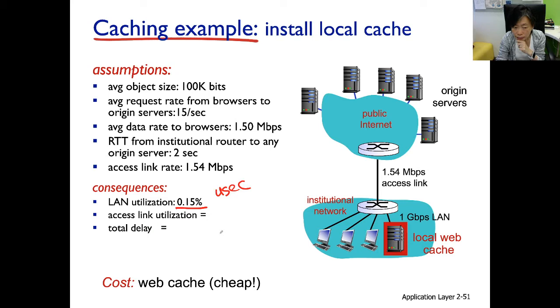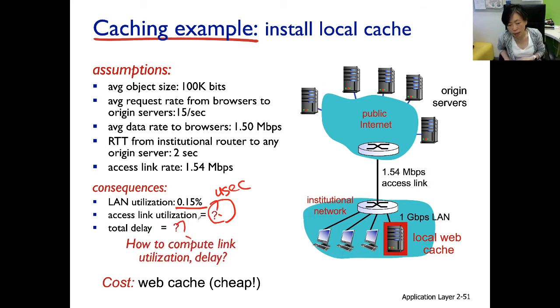But for the access delay, we'll have to know the access link utilization in order to estimate it. Therefore, we couldn't quite yet estimate total delay. This has something to do with the traffic that needs to be brought down this way. How many objects will be coming down this way? That seems to be the question.